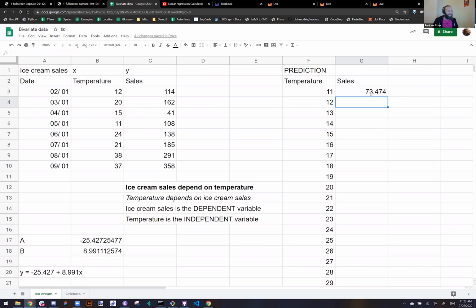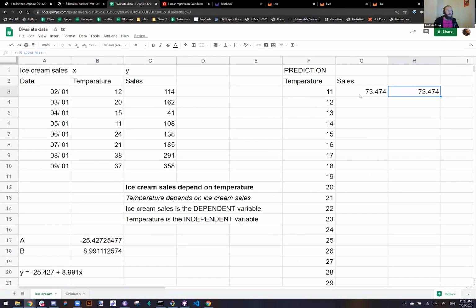And I hit enter. So this is the same value as I would get if I wrote equals minus 25.427 plus 8.991 times 11.